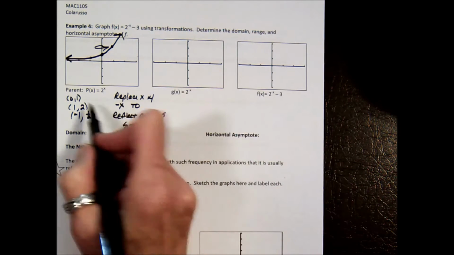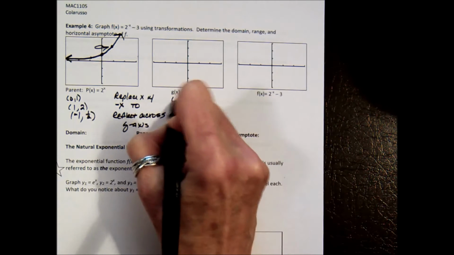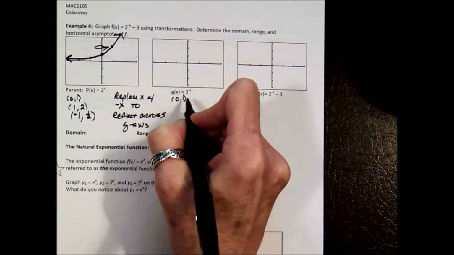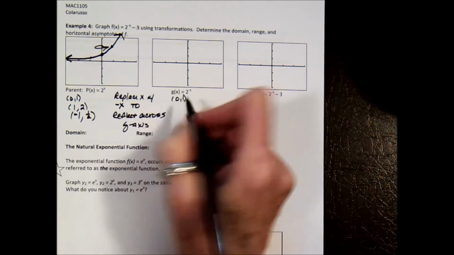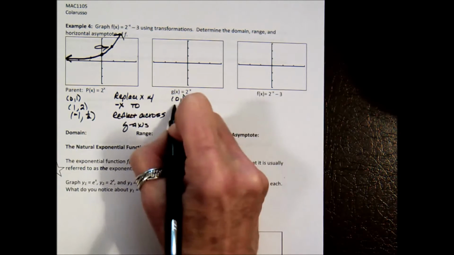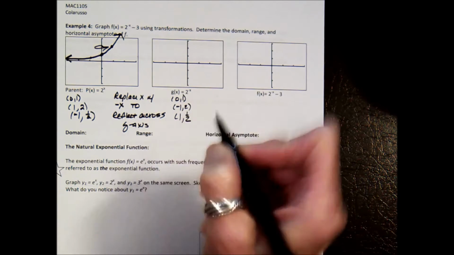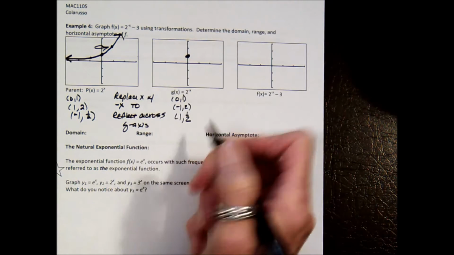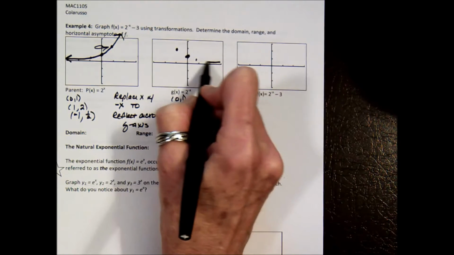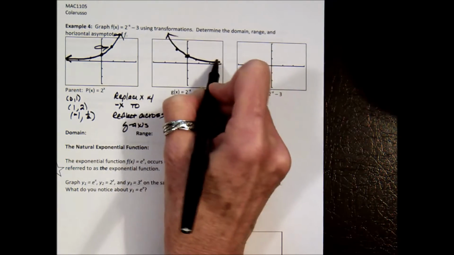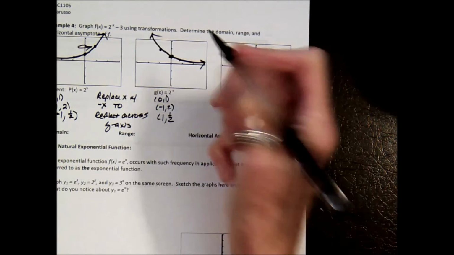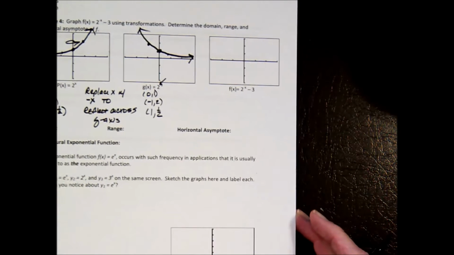So what happens to our points, I still have the point 0, 1, but now instead of having 1, 2, I'm replacing x with -x. I have -1, 2. And instead of having -1, 1/2, I have the point 1, 1/2. So I still have 0, 1. I have the point -1, 2, and 1, 1/2. So it's going this direction. All right, that was the reflection across the y-axis, when the x was replaced with -x. It's very tiny, it's hard to see.